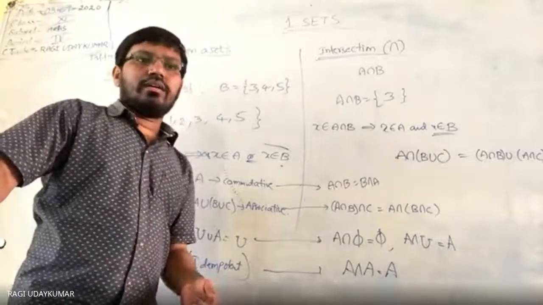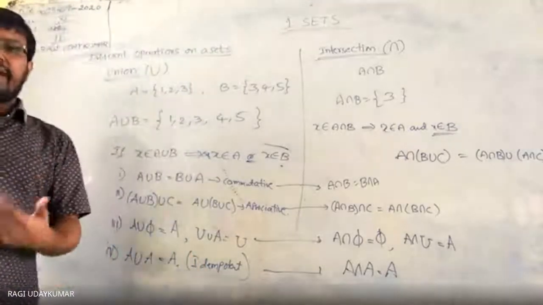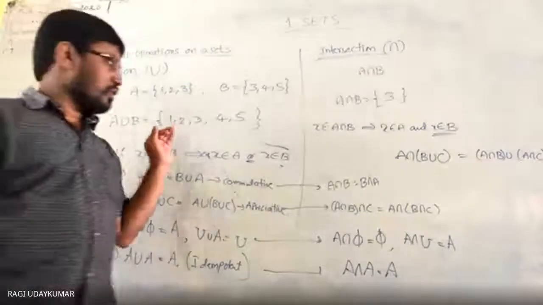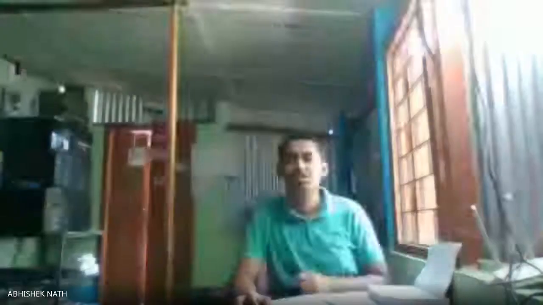So now let us see the Venn diagrams of the different sets. Sir, in the NCERT book it is written that intersection distributes over union. What does it mean? Here, after the distributive law, it is written that intersection distributes over union.